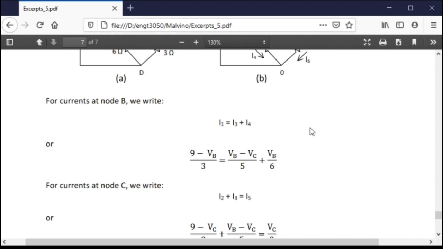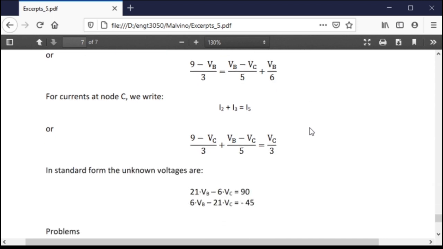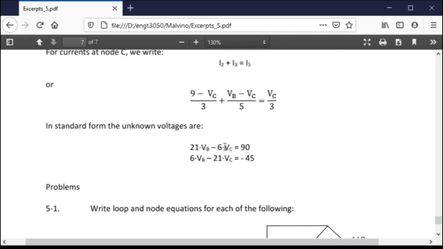Okay, so that gives us the 2 unknowns. We don't have a solution for VB, but we do have the equations. So this would be my equations for my 2 unknowns, VB and VC, and you can solve for those, and you can find out what VB and VC actually are.